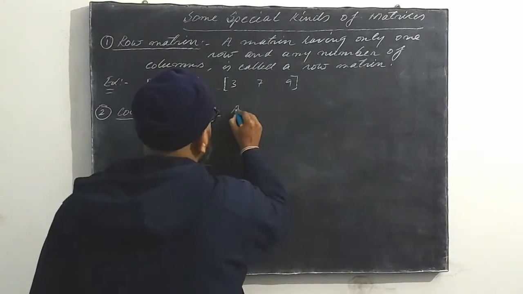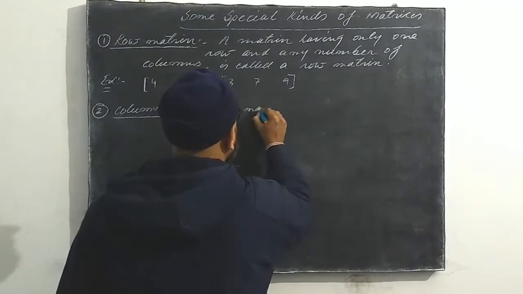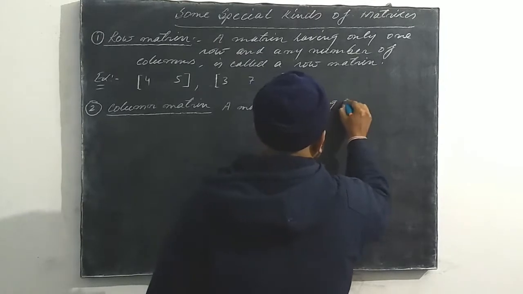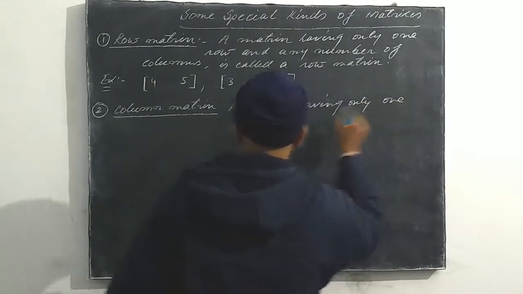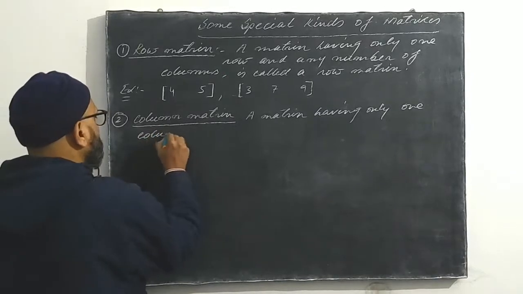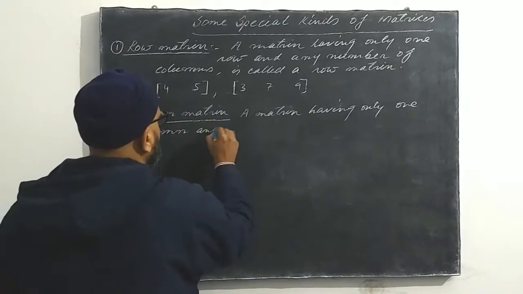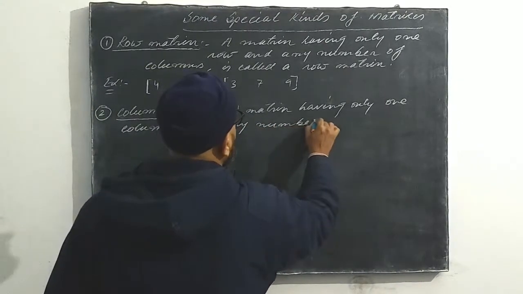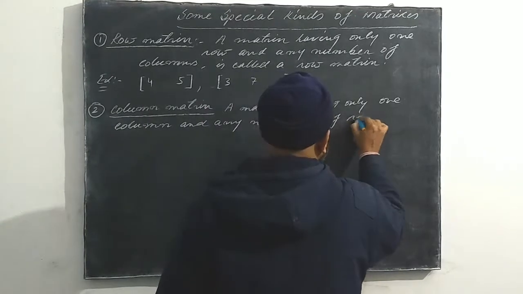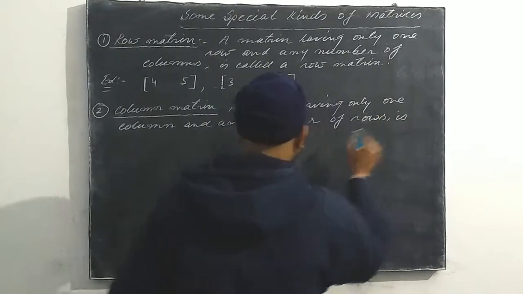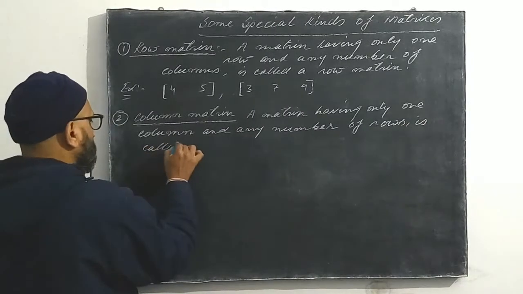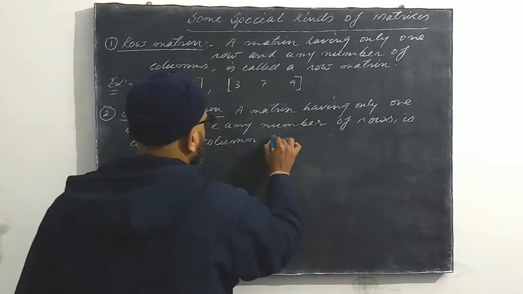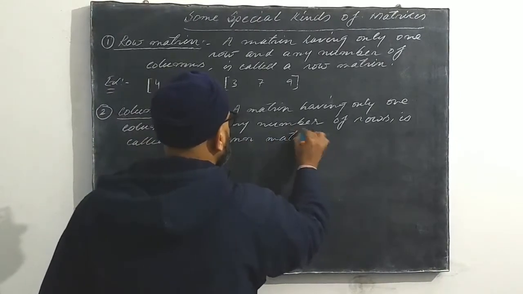A matrix having only one column and any number of rows is called a column matrix.